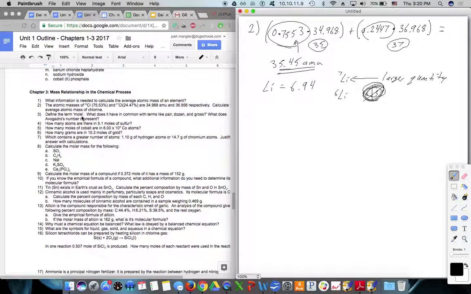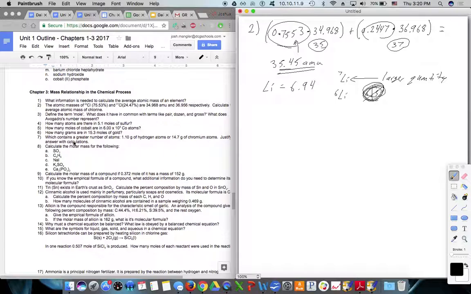Number 3, define mole, and what does it have in common with things like pairs, dozens, or gross, and what does Avogadro's number represent? A mole is a counting unit, and it's like these things because they are also counting units. A dozen is equal to 12. A pair is 2. A gross is 144, or a gross is a dozen dozen.